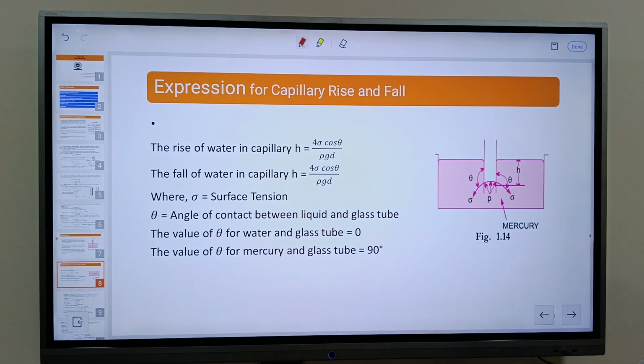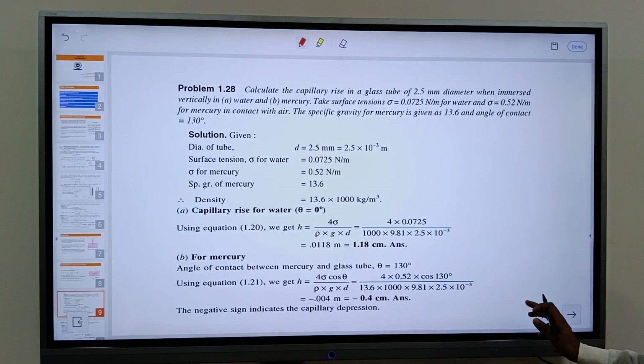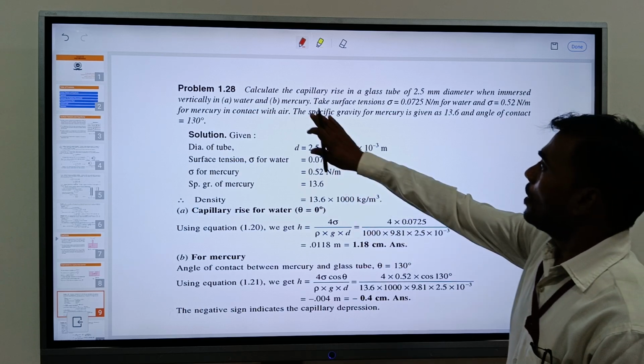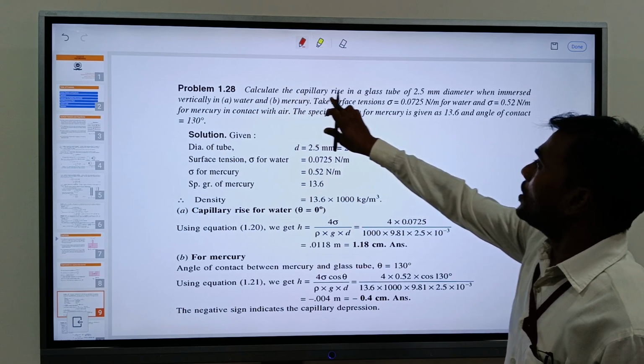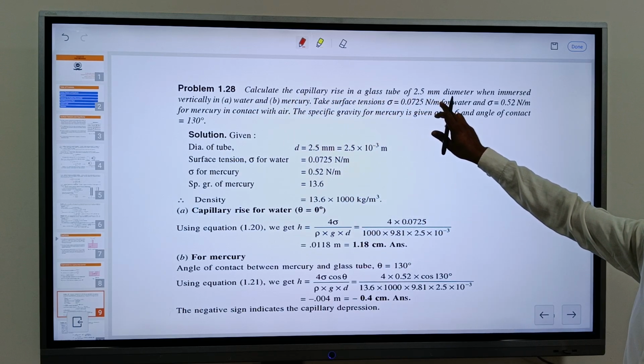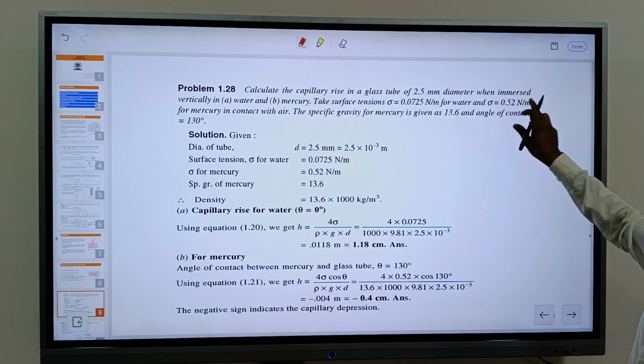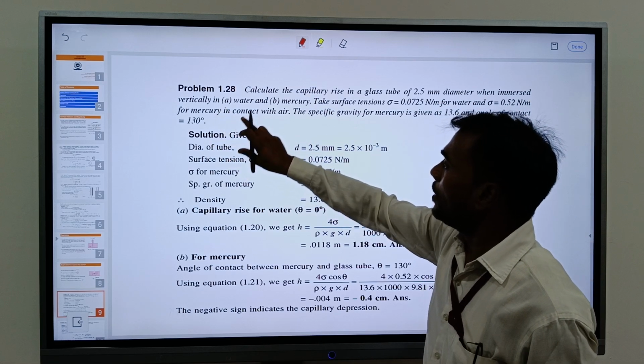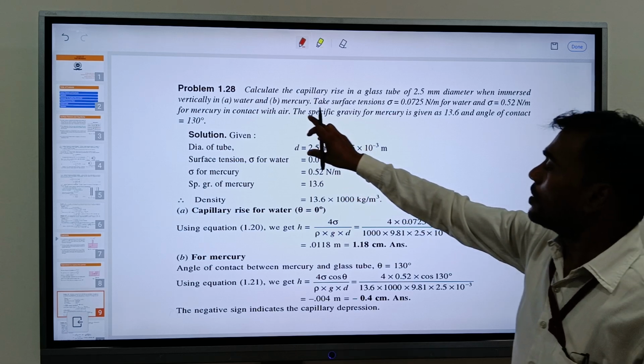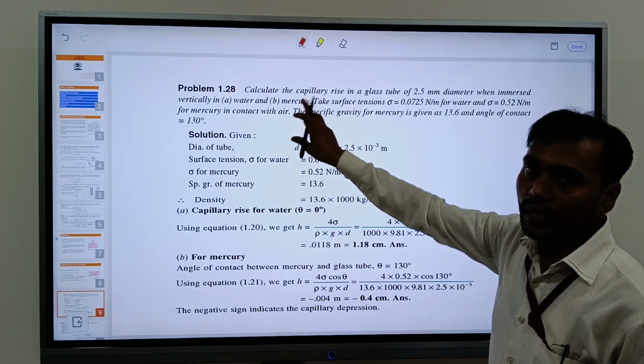So in the given example, you can easily see how one can calculate the capillary rise or capillary fall. For example, in this problem, calculate the capillary rise in a glass tube of 2.5 mm diameter when immersed vertically in water, and in the second case in mercury.